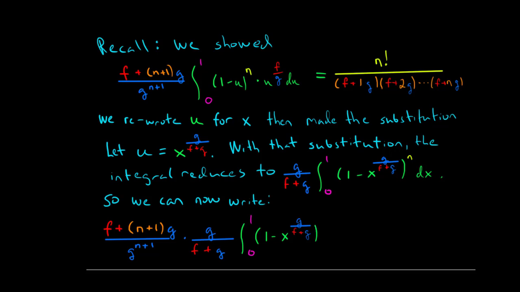This is all being raised to the power n dx. That again equals n factorial over (f plus 1g), close parenthesis, times (f plus 2g), and close parenthesis again, and so on, dot, dot, dot, up to f plus ng.